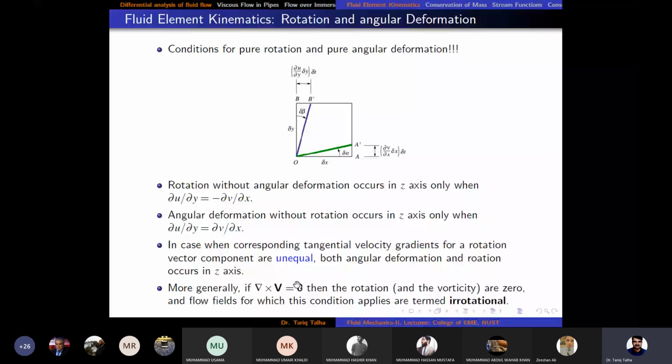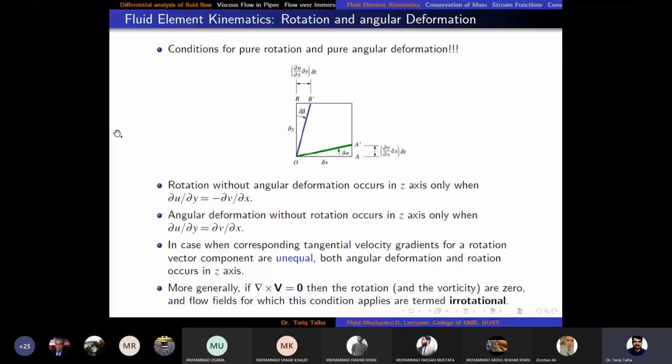And other assumptions for the Bernoulli equation were steady flow and incompressible flow, and the flow should be along a streamline.